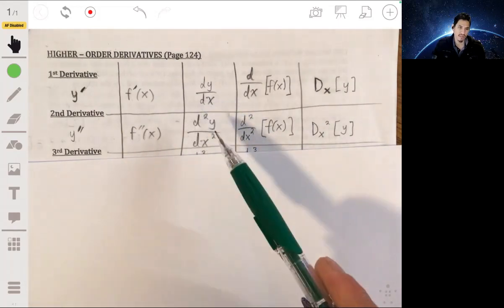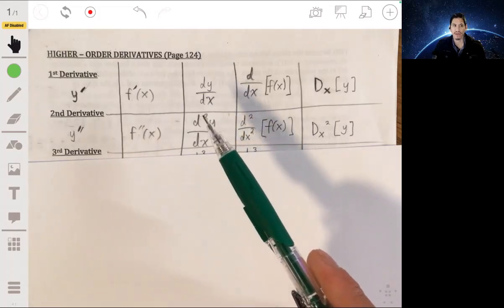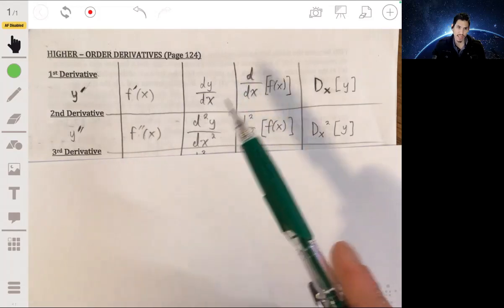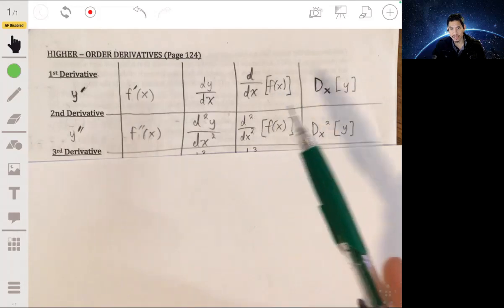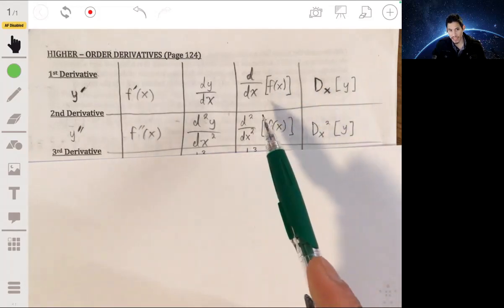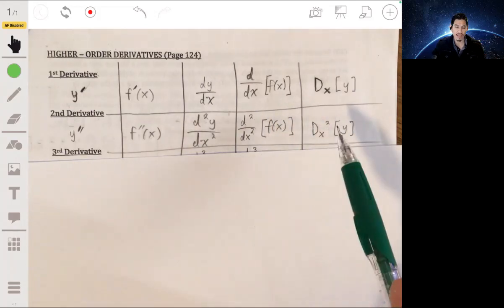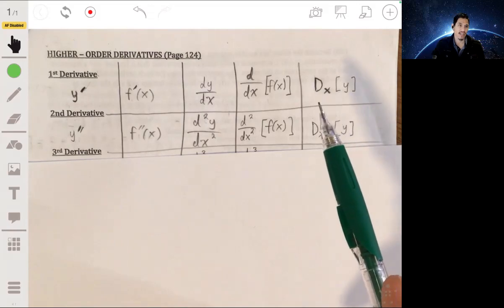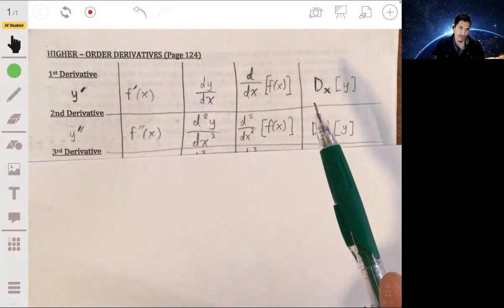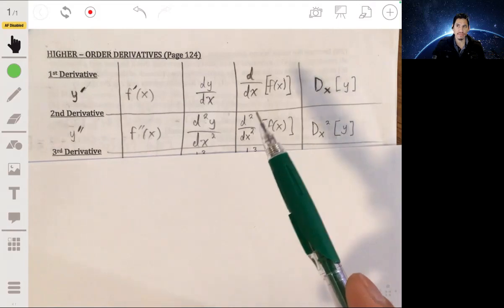When you write it in this form, that represents the second order derivative. So you're taking the derivative of the derivative.